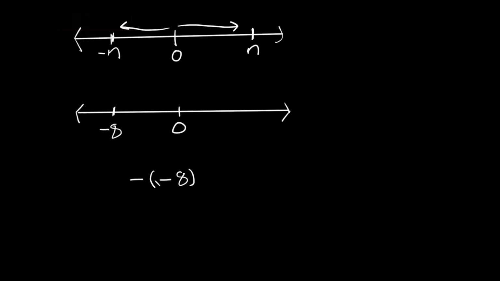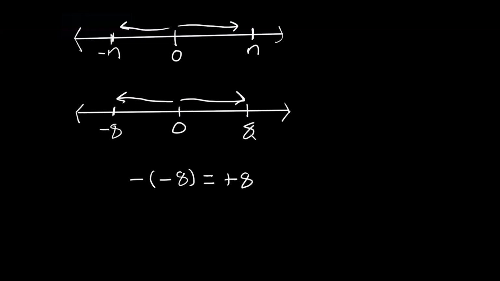Well, we have -8 here, and we want to know how far 8 is in the opposite direction. The opposite direction of -8 is just going to be +8. So we move this far this time. Let's move in the opposite direction the same distance. So this is just going to be positive 8. When we see the negative of a negative, this is just going to be a positive. So we can write plus 8.